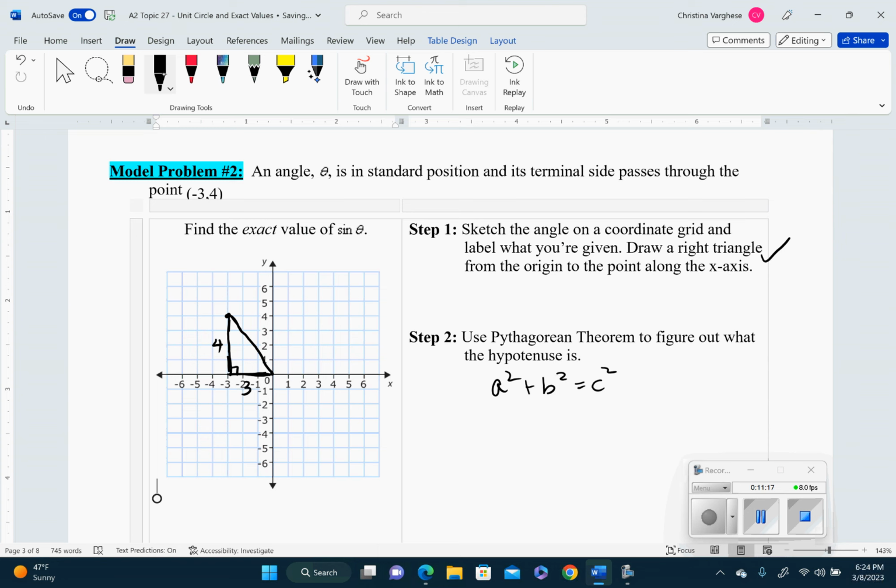Here's our leg, here's our leg. So 3 squared plus 4 squared equals c squared. Pause the video and see if you can find c.